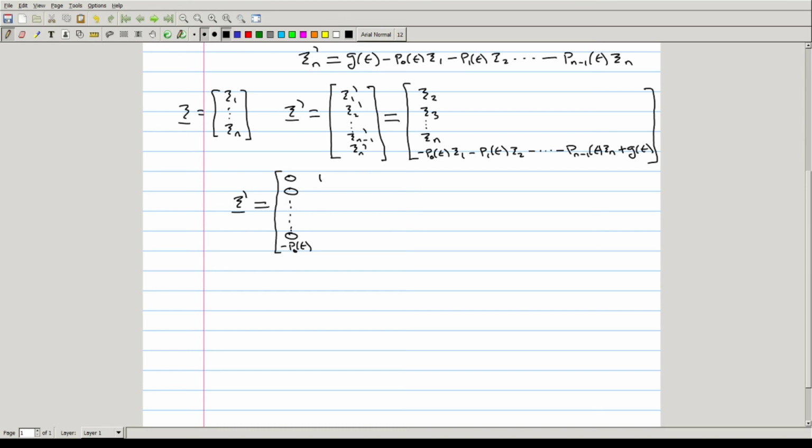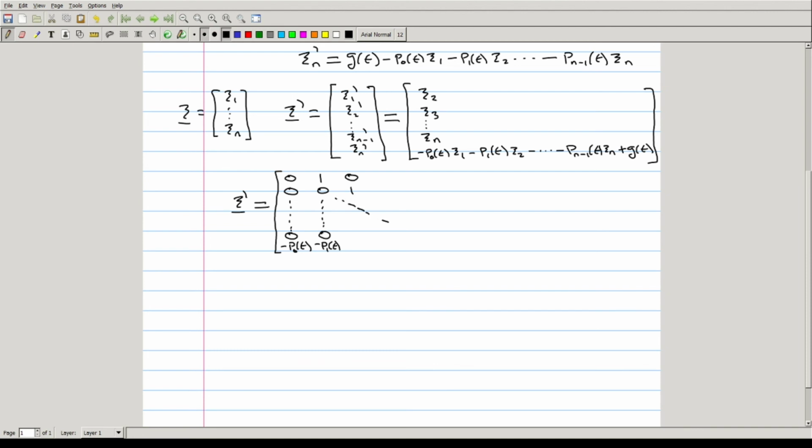And we have a 1 in this column right here, followed by a 0, and zeros all the way down until we hit negative p1 of t, then a 0 and a 1, and then another 0.